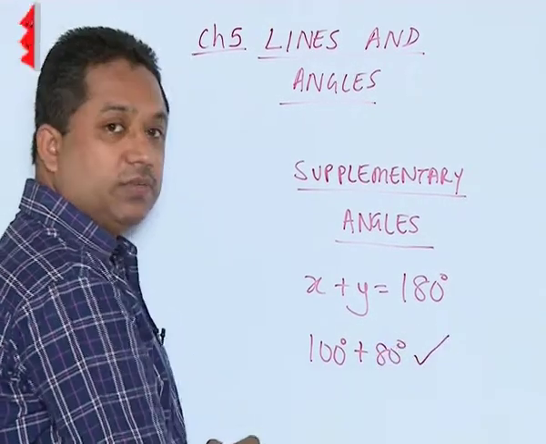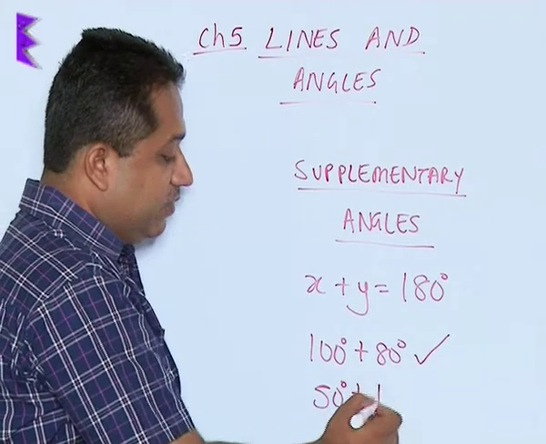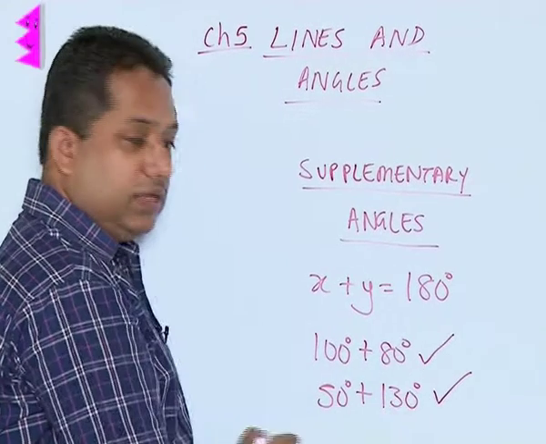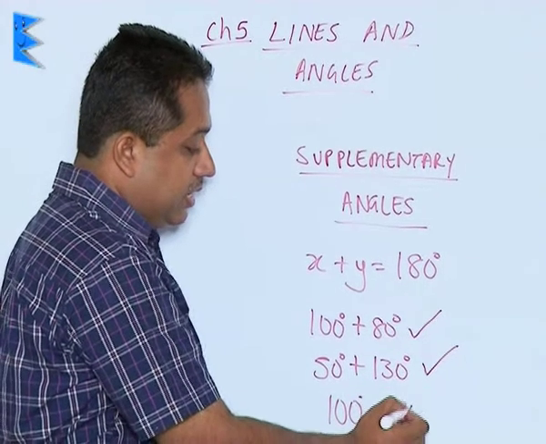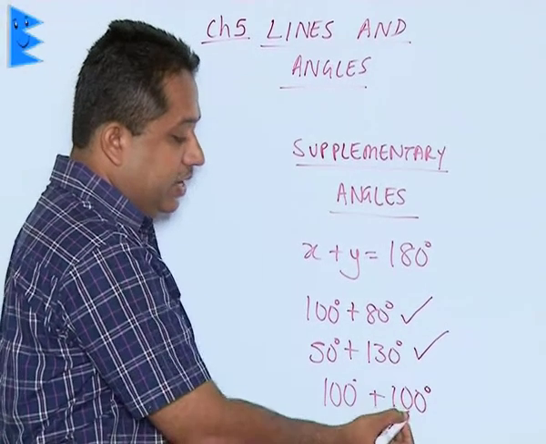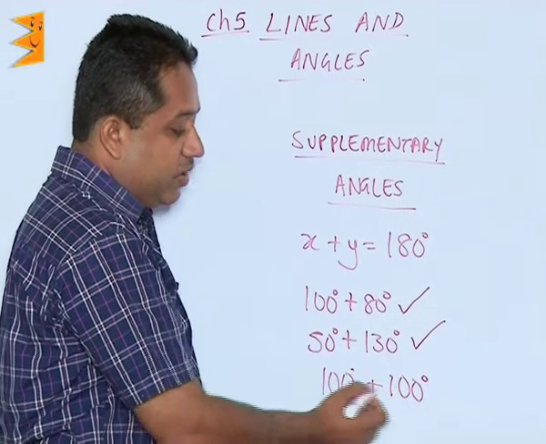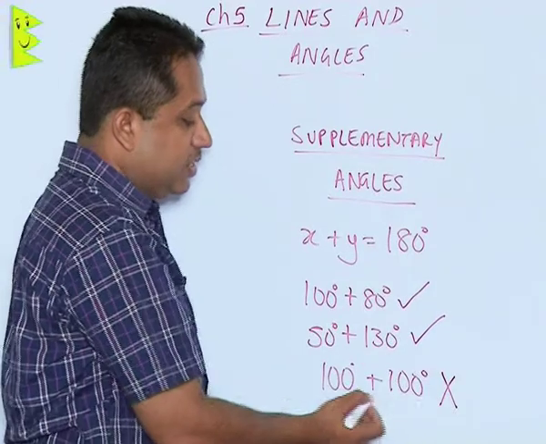So, these are supplementary angles. We could have 50 degrees and 130 degrees. The total is 180. These are supplementary. What about 100 and 100? Are they supplementary? No, because when 100 and 100 are added, together we get 200 degrees, and 200 degrees is not supplementary.